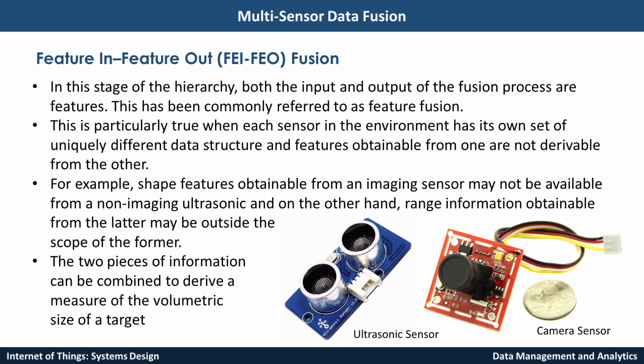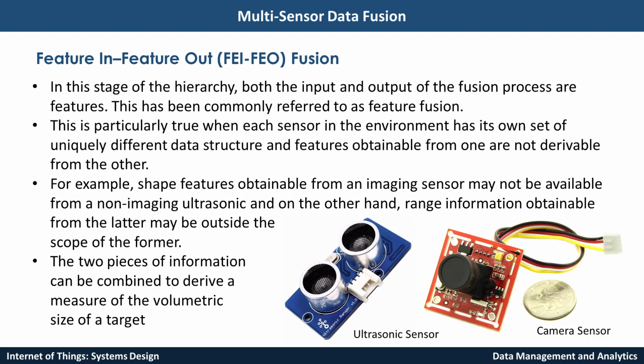Both use raw signals and process them to create a feature, the distance or depth, while the camera captures the pixels and converts them into a shape.